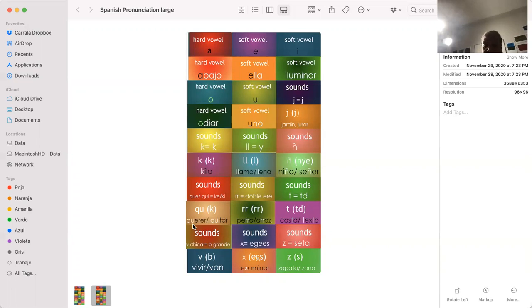All right, now here you have the R sound, the double R, and there is a difference because you have some words which have only one R, and then you have that same word with two R's. So you have the word pero, which is different than perro.